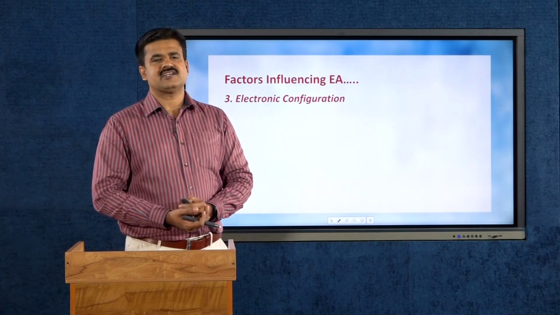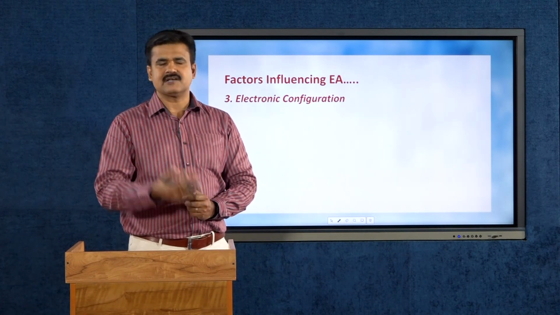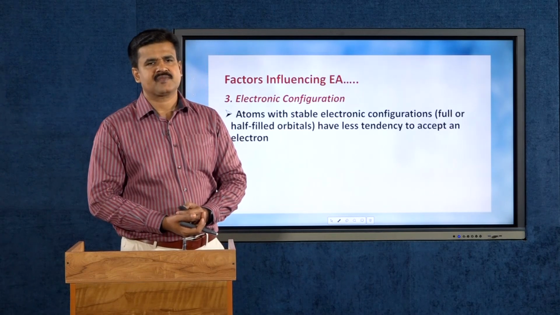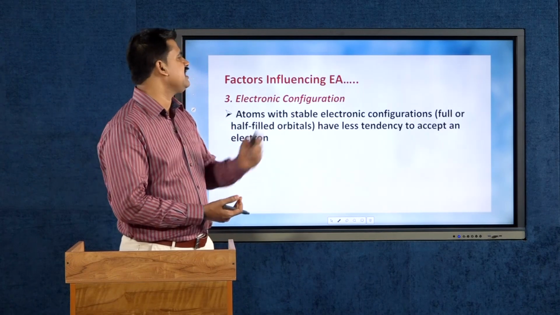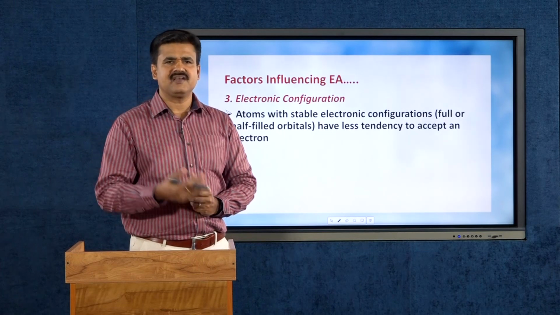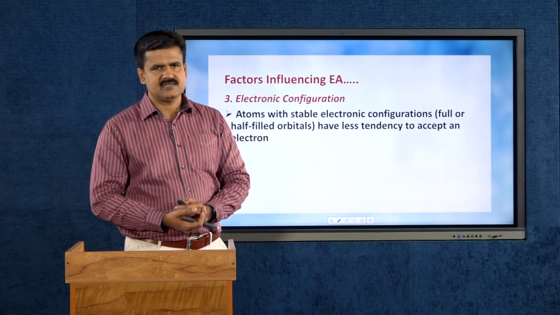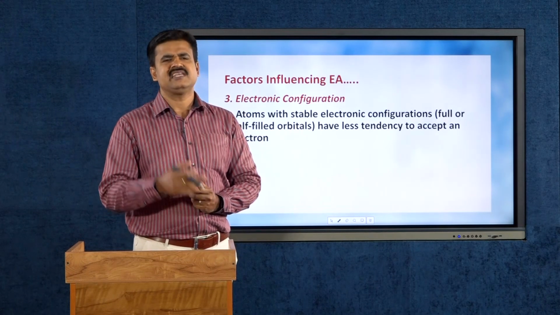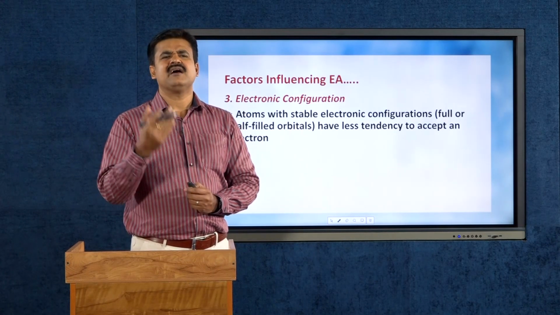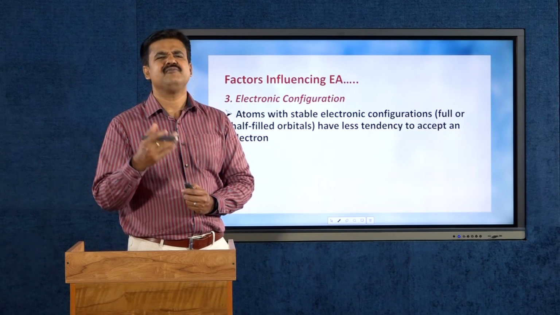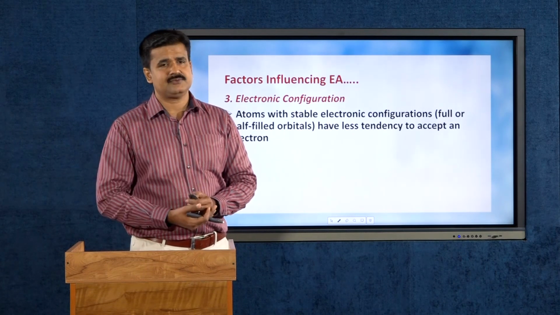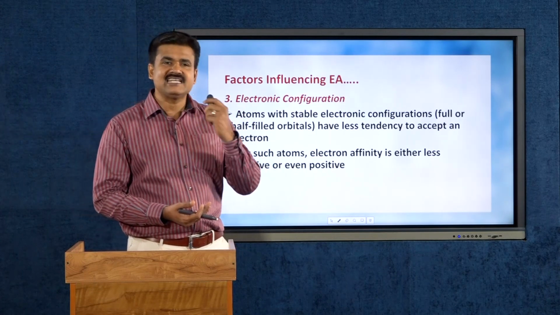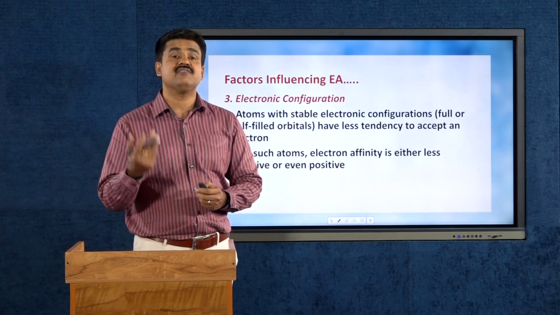Electronic configuration is another factor that influences electron affinity. An atom with a stable electronic configuration, fully filled or half-filled arrangements, has less tendency to attract an electron. In such a case, the magnitude of electron affinity will be very low or even positive. For such atoms, electron affinity is either less negative or even positive.